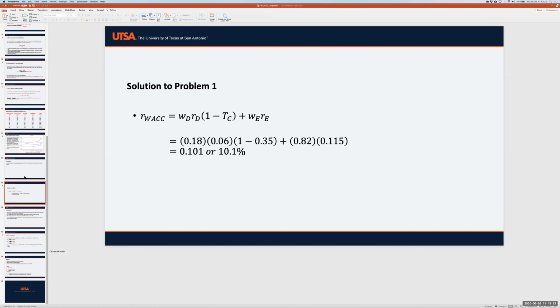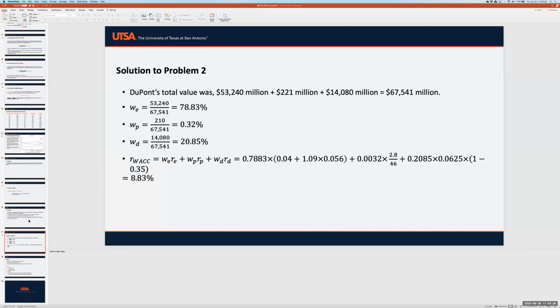This is just the summary of this chapter. So another problem, and I think you can solve this problem on your own. Okay, let's solve this. Simply, we have preferred stock, debt, and common stock. You need to find weights first.